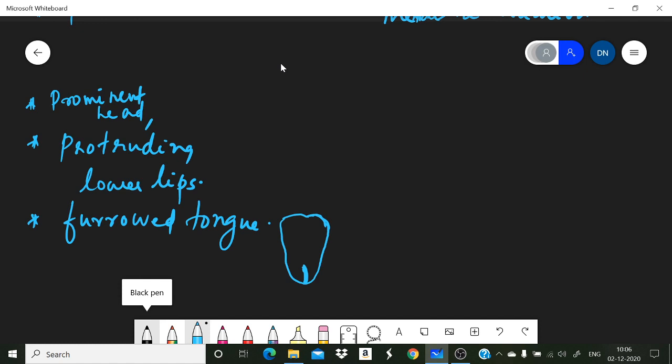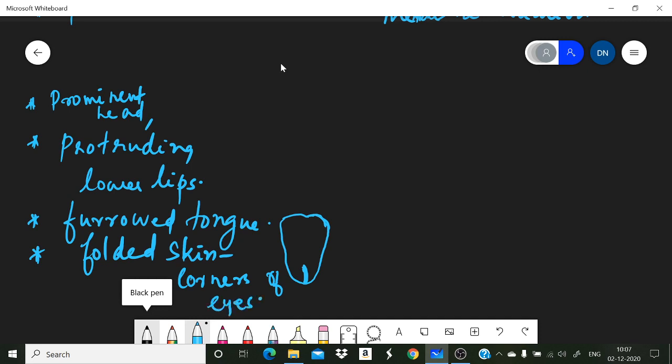So a protruding and furrowed tongue is present in such individuals, and a characteristic fold of skin at the corners of both eyes. They are also very short individuals, with a very broad neck.